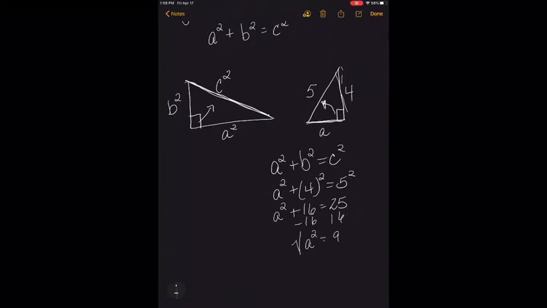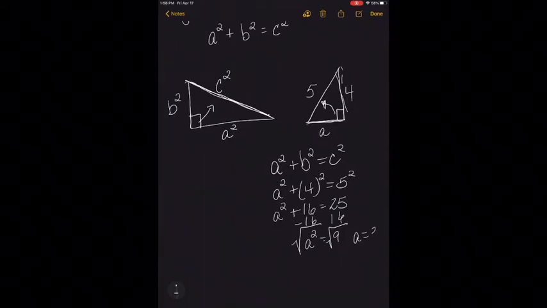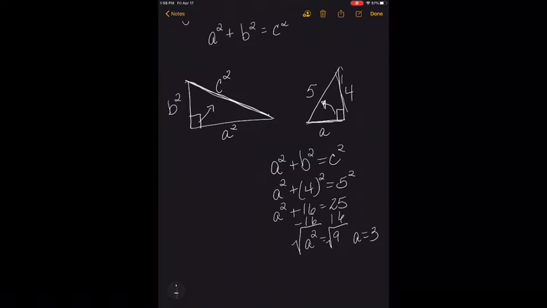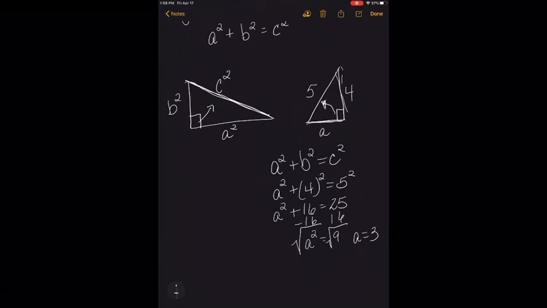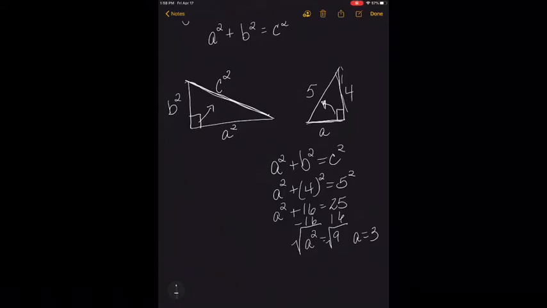Subtract 16 from both sides, and we find out that a squared equals 9. Well, since we're talking a length, when we take the square root of both sides, we're only going to use the positive number. So a equals 3. So that's how you solve those Pythagorean theorem problems. I'm going to let you practice with four Pythagorean theorem problems plus the 2.